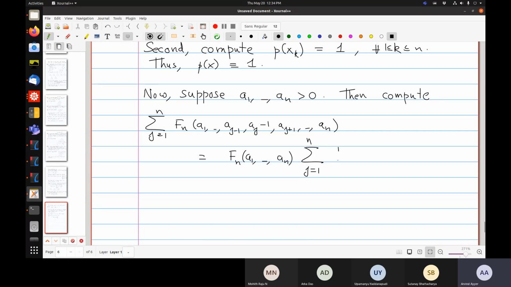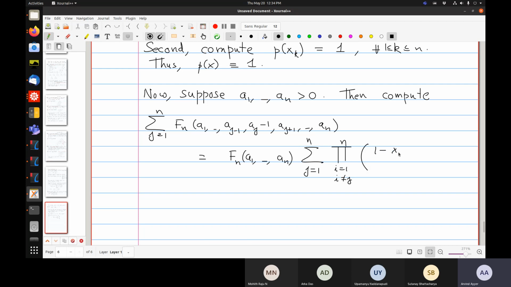Now I take the product over i equals 1 to n, i not equal to j. And what is the extra term?